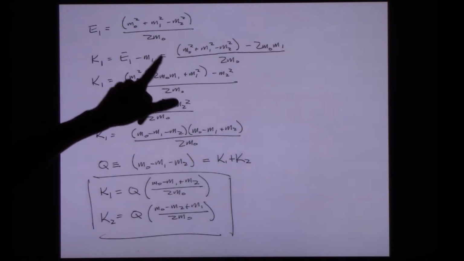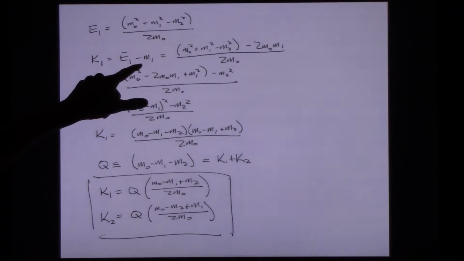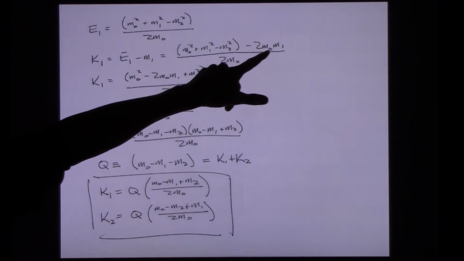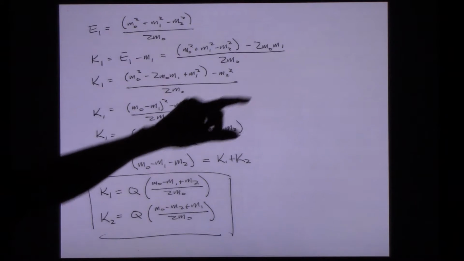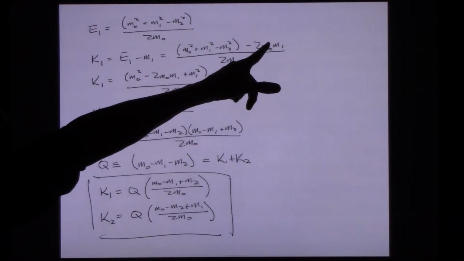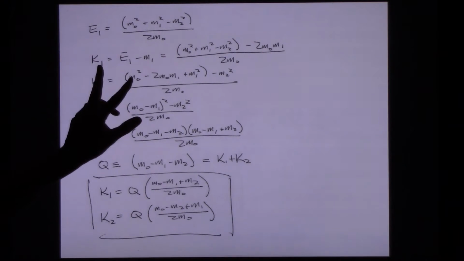So here is my expression for E1. Now to subtract m1 and keep a common denominator, I need to take that m1 and multiply it by 2m naught. So that's what I've done here, I've given these two terms a common denominator.